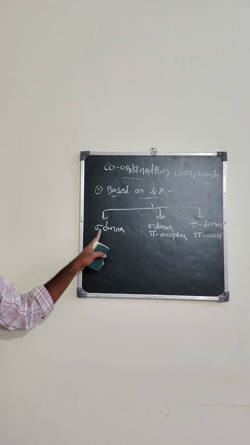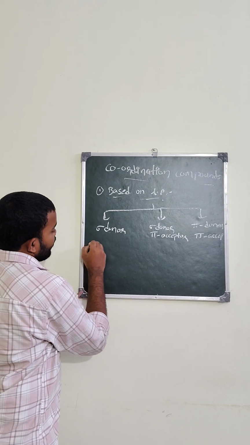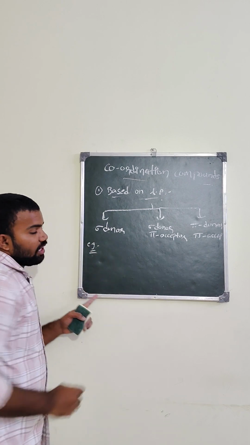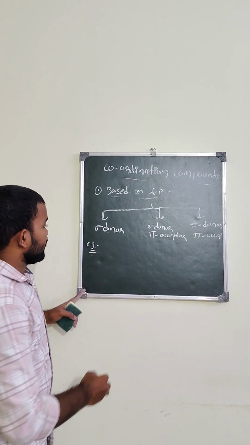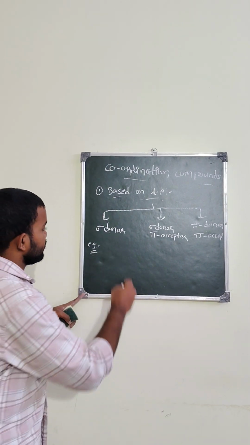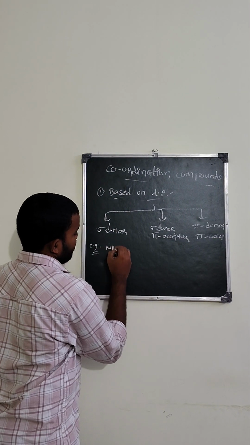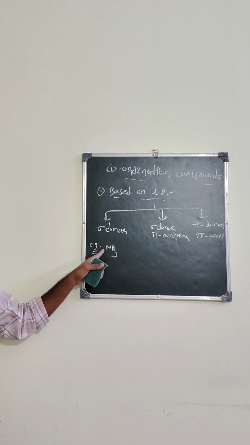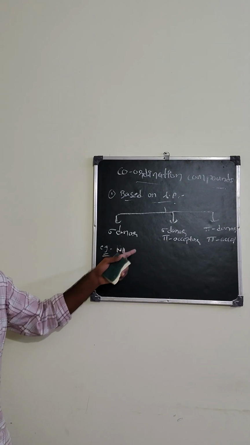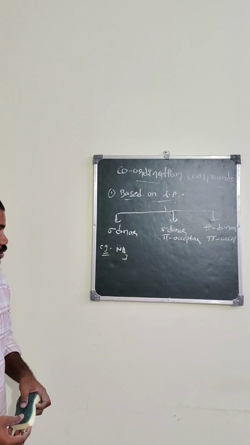Okay. If the ligand donates its pair of sigma electrons to the metal, that is called sigma donation. We can say NH3: a pair of electrons donates its sigma electrons to the metal atom, so it is called sigma donation.